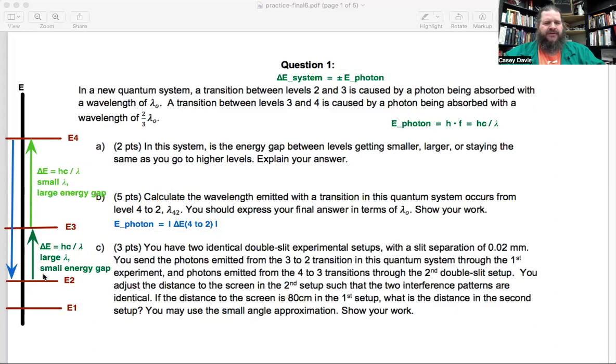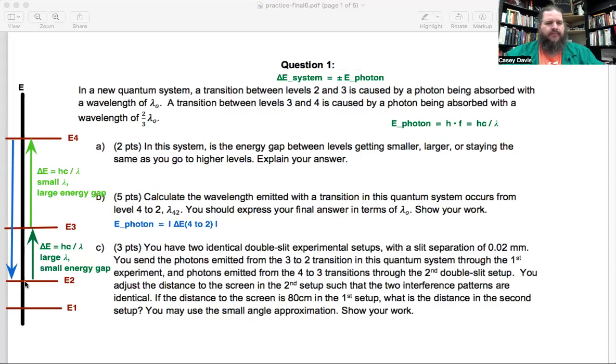And we know about the energy from 2 to 3 and from 3 to 4. So how can we combine those to get the total energy lost from 4 down to 2? We just combine the delta E for both of them, but when we move down, we just lose that much energy.